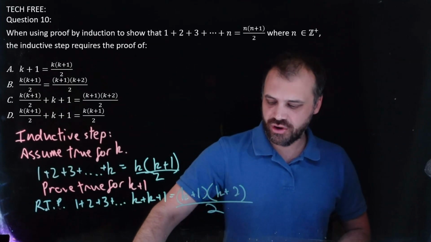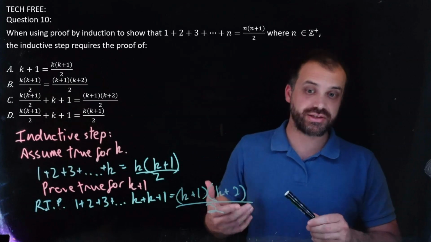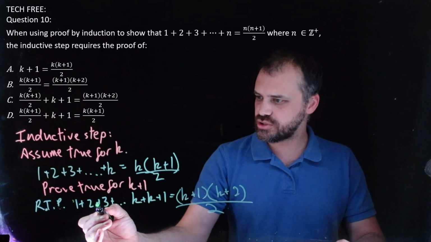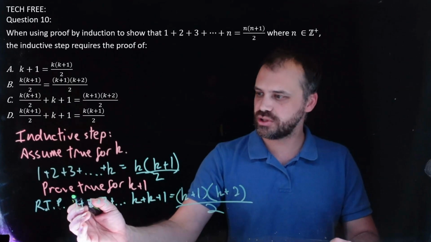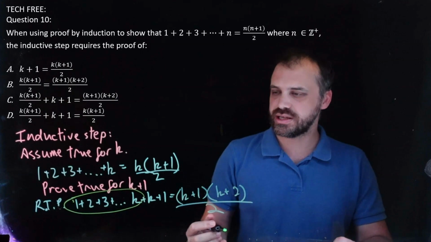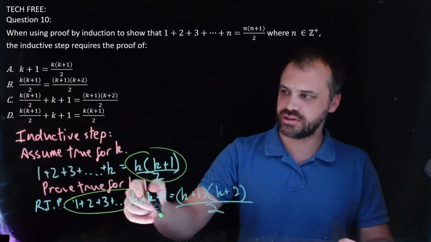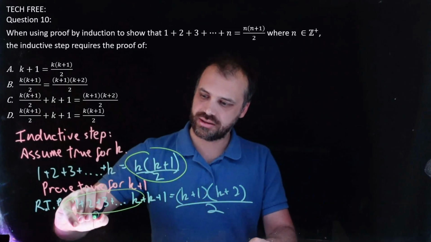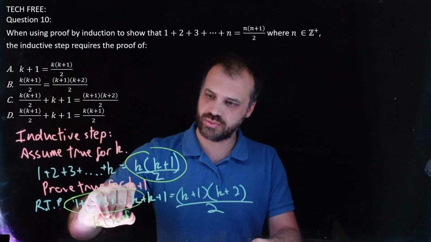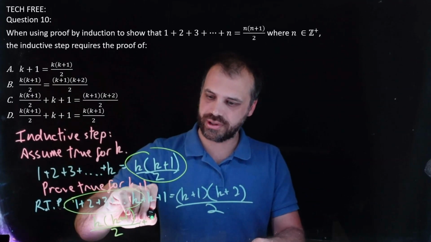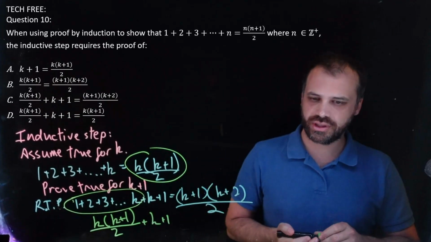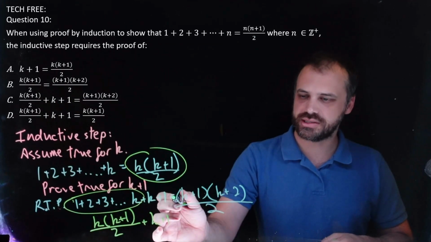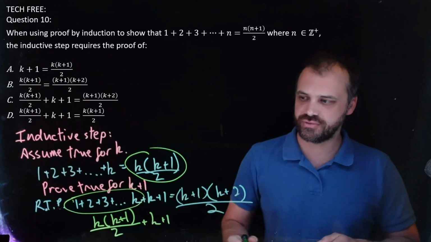And then the final step when you set this whole thing up is that we assume that 1 plus 2 plus 3 plus ... plus k is actually equal to k(k+1)/2, so we can sub that in there. So k(k+1)/2 plus k plus 1 is equal to (k+1)(k+2)/2.